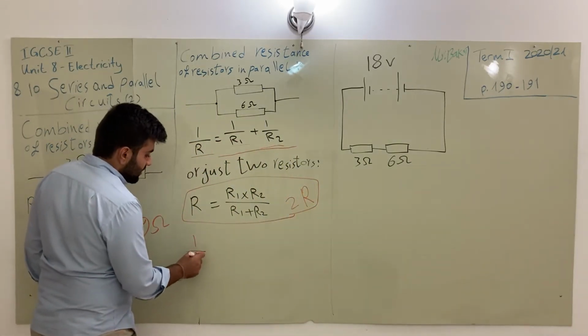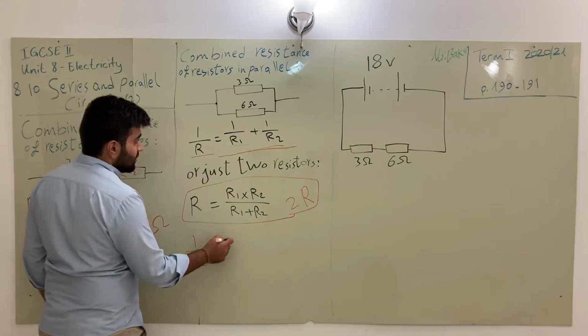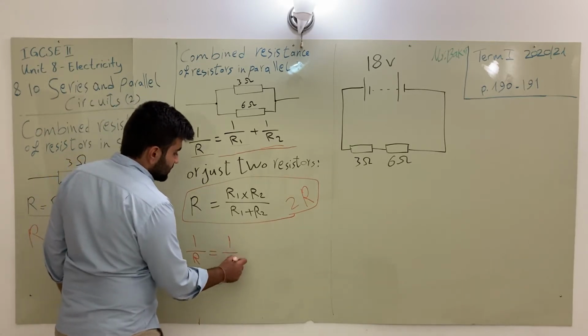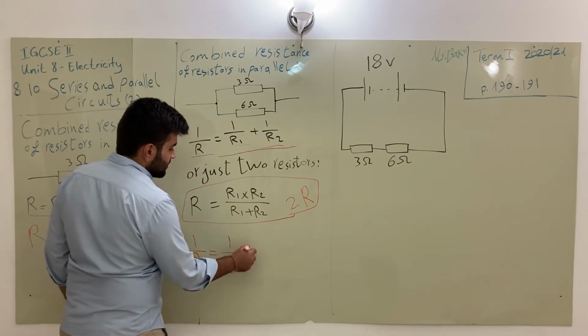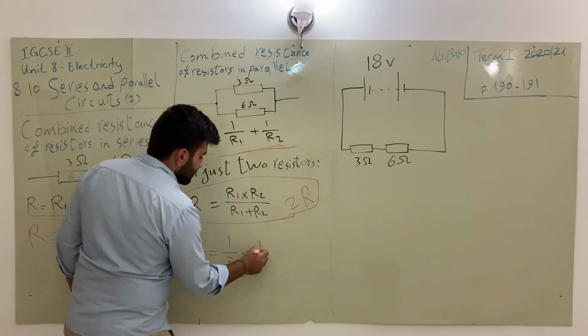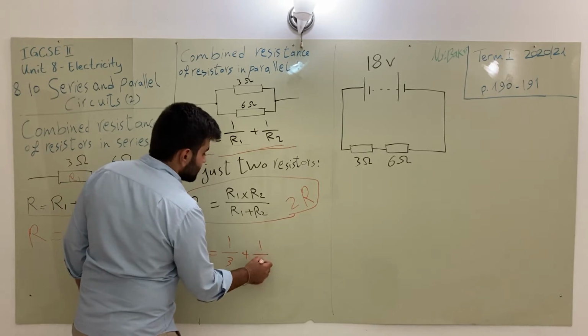So what we're doing here, applying the example, 1 over R is equal to 1 over 3 plus, as you can see here, 1 over 6.